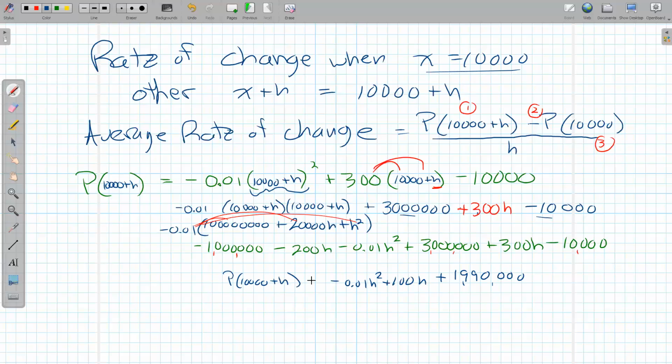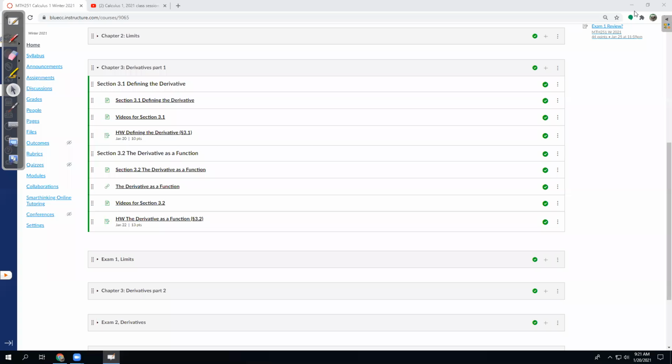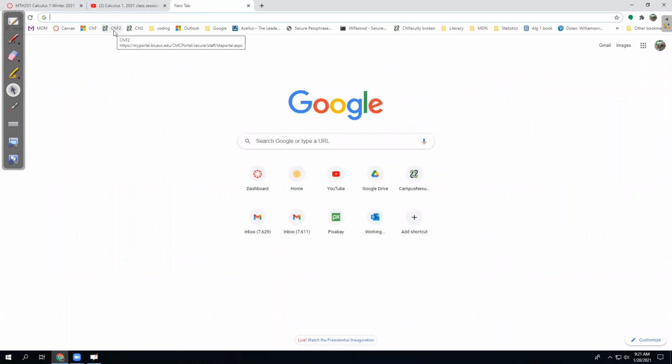So there is part one. Then we have to plug in 10,000 here. So I think I'm going to whip out a calculator for that part. I've been hooked on GeoGebra lately, but Desmos is lovely too.